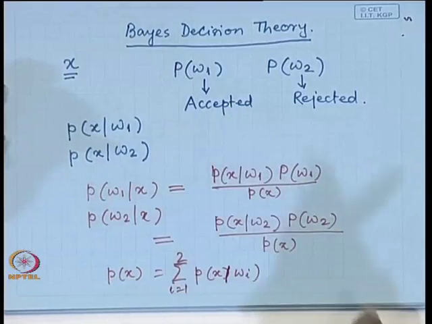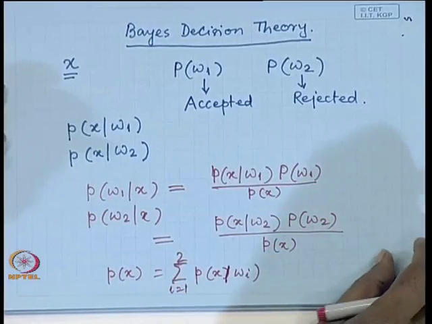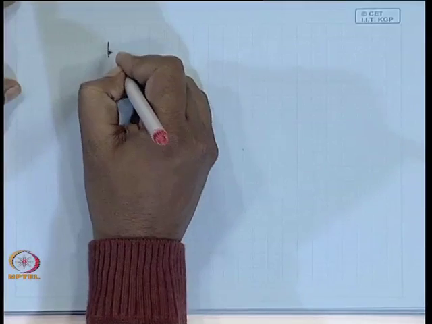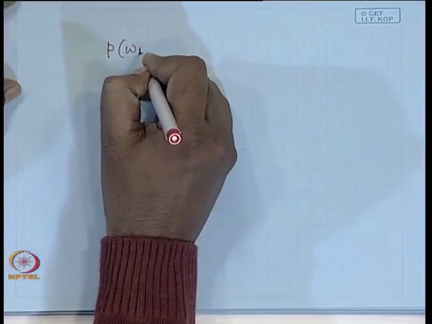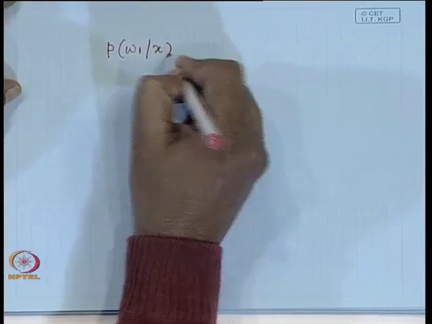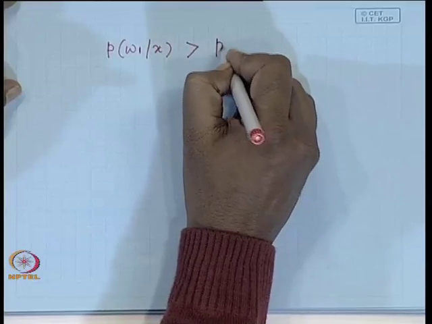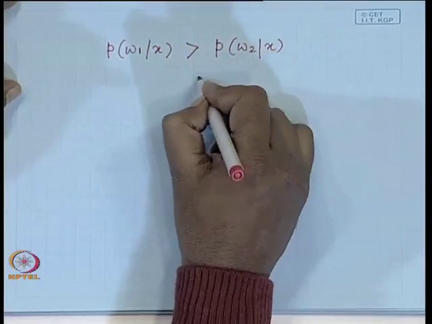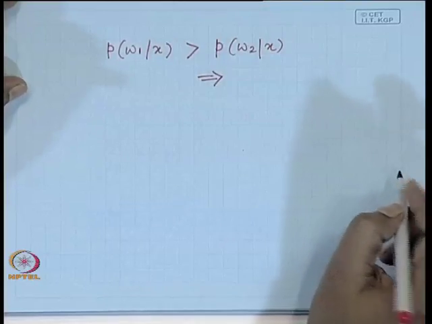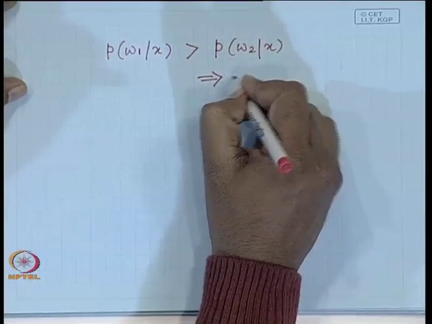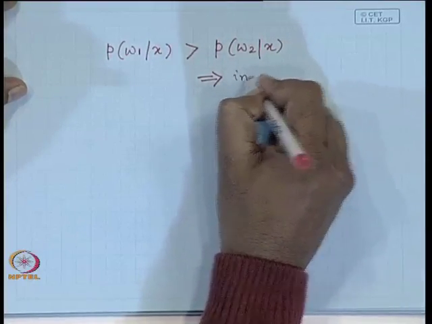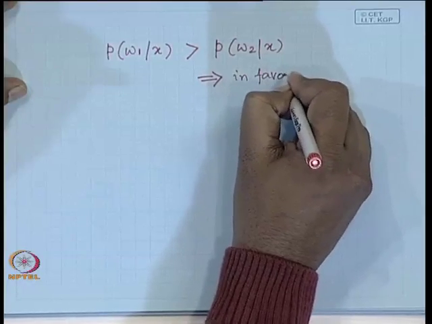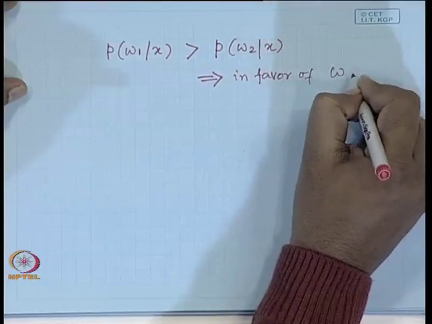This is what we get from Bayes rule, and then our decision was like this: if p of omega 1 given x is greater than p of omega 2 given x, then we decide in favor of omega 1.